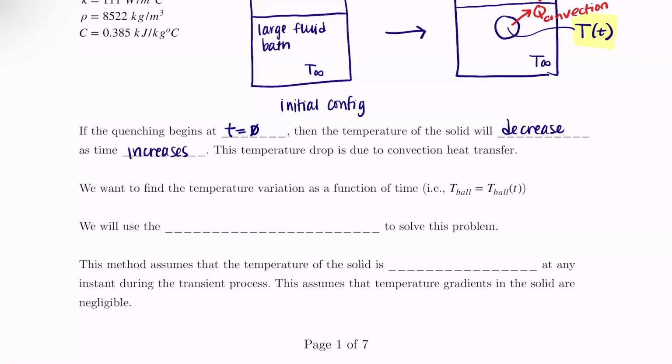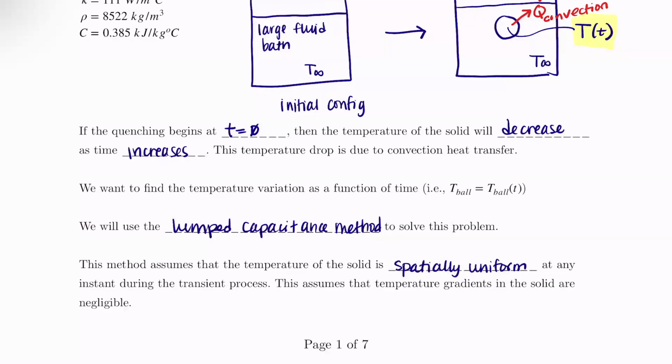Because of that, we're going to use the lumped capacitance method to solve this problem. And we can do that because this method assumes that the temperature of the sphere is spatially uniform at any instant during the transient process.